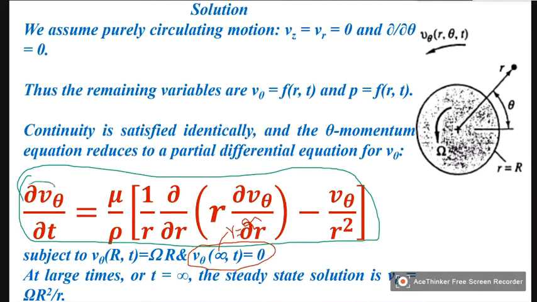You cannot solve it because it is a time dependent one. So, when you consider large time, that means t is equal to infinity, automatically it will become steady state. So this will become 0. And now you can solve it.